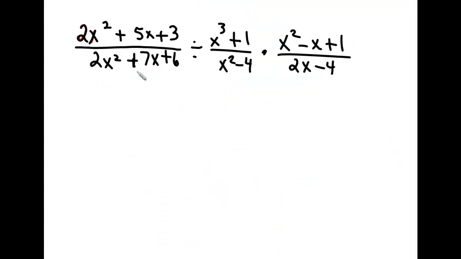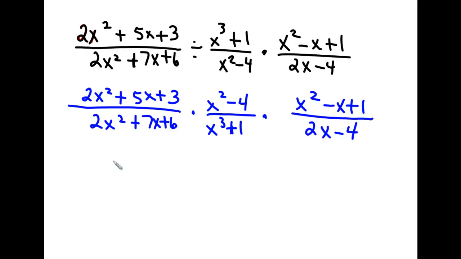In this example, I have 3 different fractions, but only one of them I have to flip, and I always flip the fraction directly after the division symbol. So let me rewrite this problem. Let's start with the first fraction and factor the numerator and the denominator.